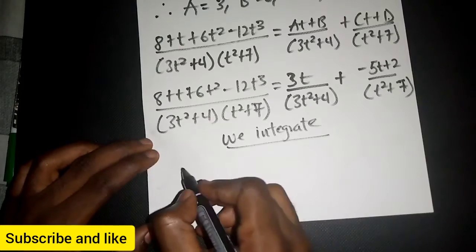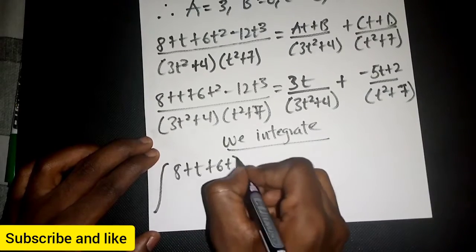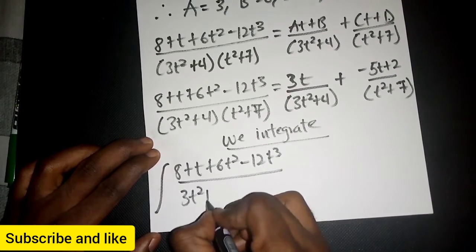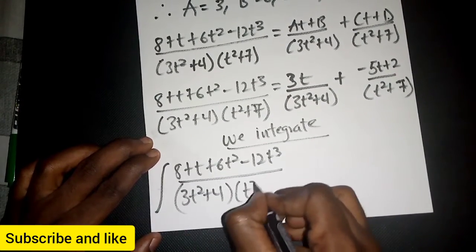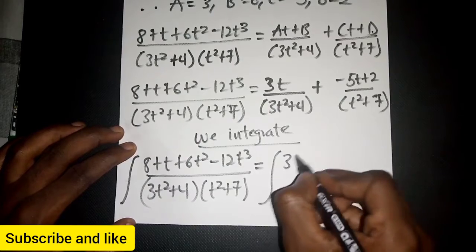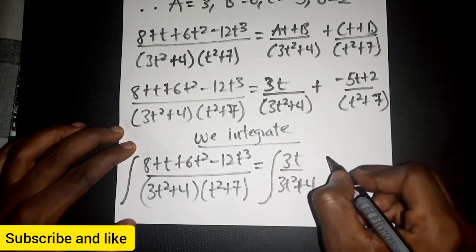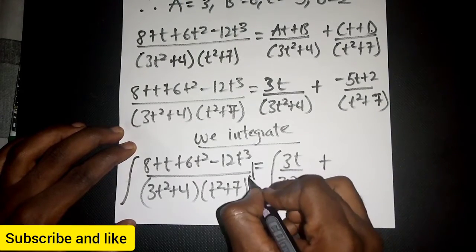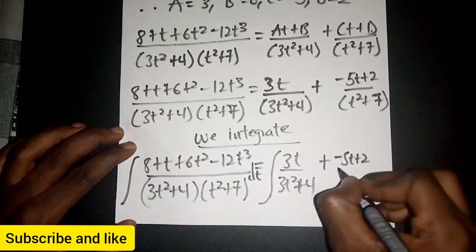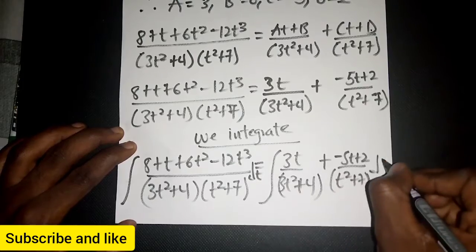So we now integrate the whole of this: the integral of (6t squared minus 12t cubed) divided by (3t squared plus 4), then also (t squared plus 7), that is the integral of 3t over (t squared plus 4), then we can have dt, then -5t plus 2 all over t squared plus 7 here, let's put them in a bracket, then dt.